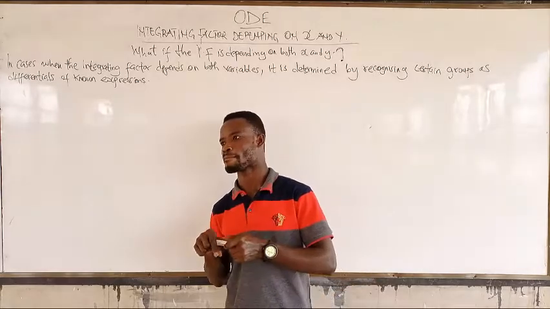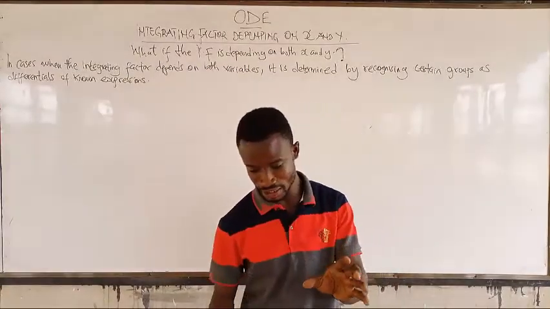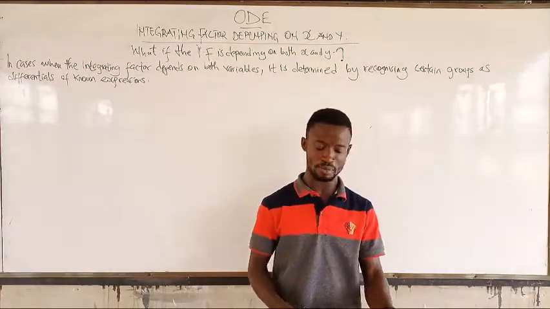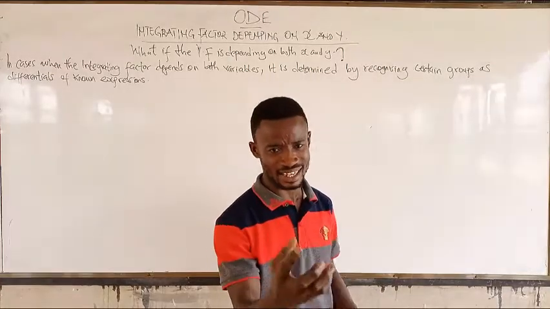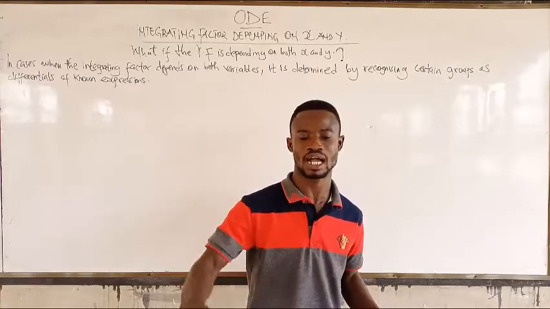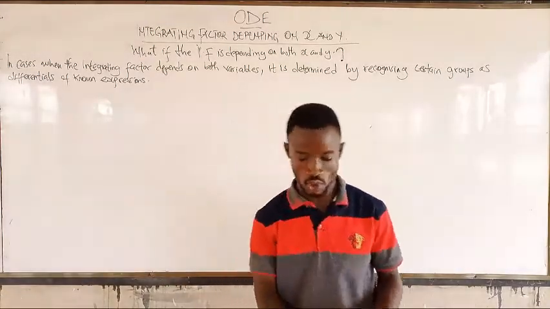I may not like you to chew it, because that is not going to help you to memorize it. But understand it. And how do you understand it? By knowing how to come out of it.